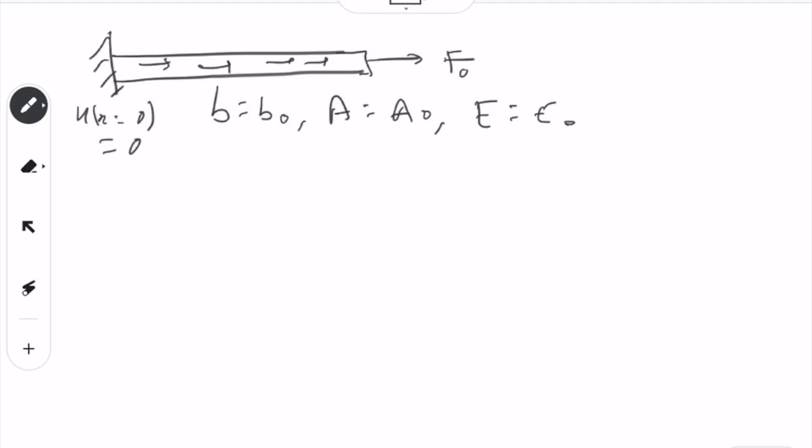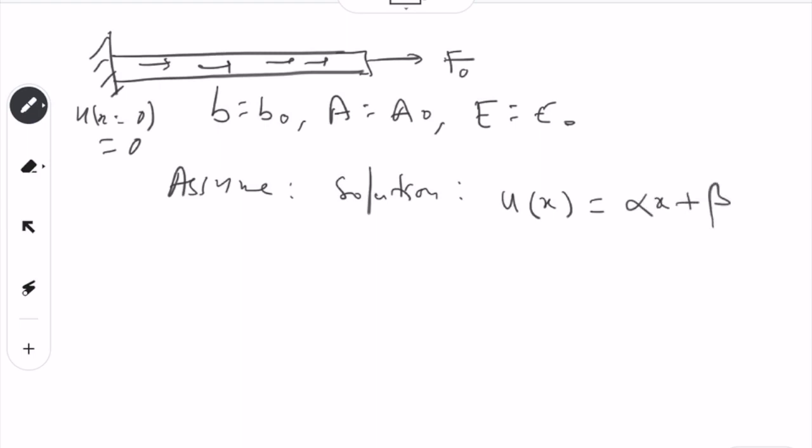Now how are we going to solve? We start with the test function here also, meaning the approximate solution we are going to find. So assume the solution u x equal to alpha x plus beta, like we did earlier. First we have to apply the essential boundary condition.